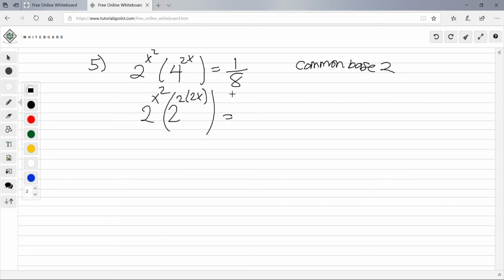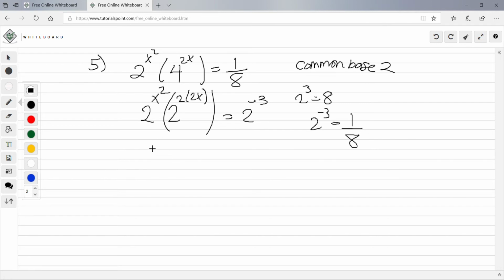Then what's another way of writing 1/8 in base 2? 2 to the 3 equals 8, so 2 to the -3 equals 1/8. So 2 to the -3.